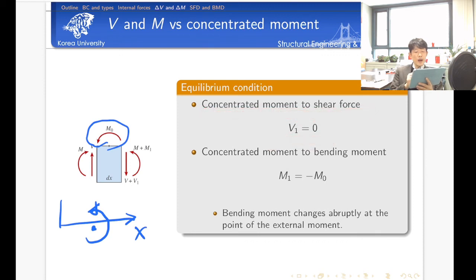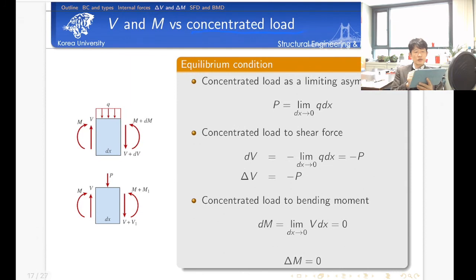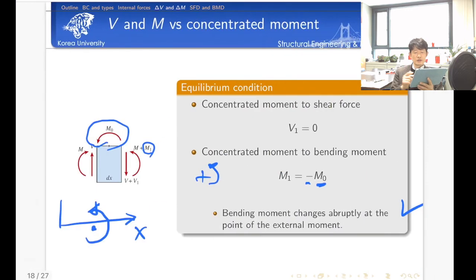But by the concentrated moment, to satisfy the moment equilibrium, we can easily understand that M1 is the minus sign of the applied external moment. So bending moment changes abruptly at the point of external moment. Okay, this is the point. And by the concentrated load, the shear force does change in the vertical direction. So we have analogies in these two conditions.